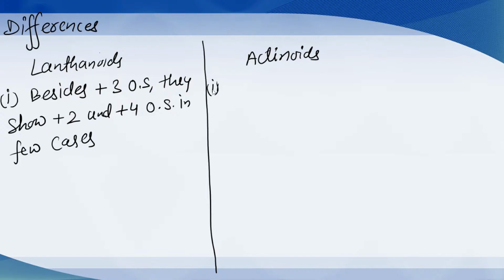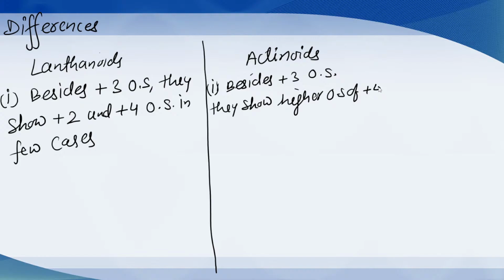Now come to actinoids. In actinoids, besides the +3 oxidation state, they show higher oxidation states of +4, +5, +6 and +7. Even +7.